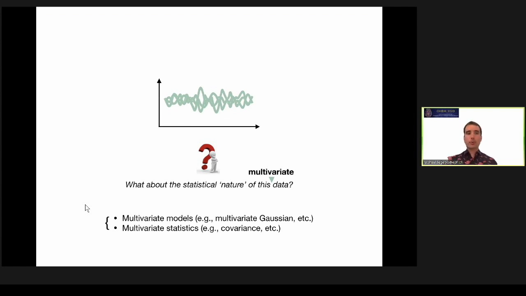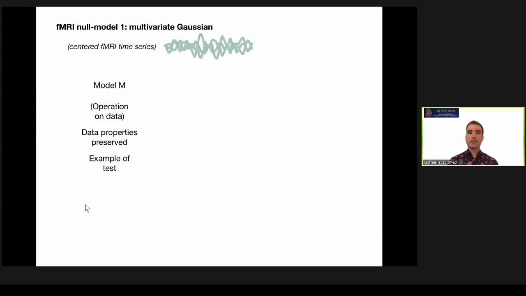So let's go through a few selected null models of fMRI time series. The first one is the multivariate Gaussian distribution. This model assumes that each time point, again separately, has been generated by a multivariate Gaussian with mean mu, here assumed to be 0 because for fMRI time series we don't really pay attention to this value, and a covariance or correlation structure sigma.